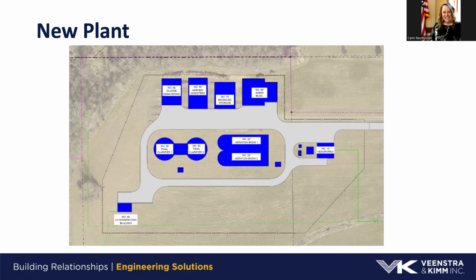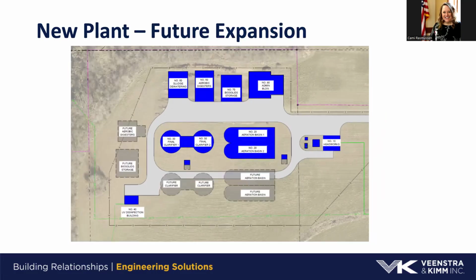And then on the next slide, you can see the new plant future expansion. We just wanted to include this so that you understood that we did consider that. We're anticipating 25 years or more before this would come into play, but there is room to expand that process. The headworks itself is being built with expansion capability up to 8 MGD.